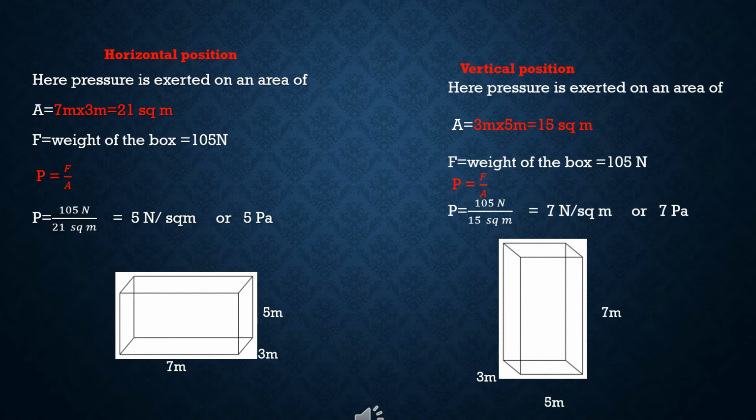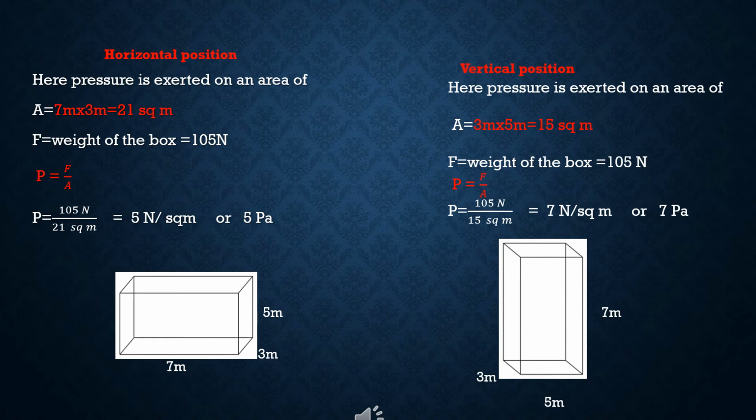Now, how can we calculate pressure? The pressure formula is force divided by area. P is equal to F divided by A. Here, force is the weight of the box itself, that is 105 Newton, and the area of contact A is equal to 7 into 3, that is 21 square meter in horizontal position.